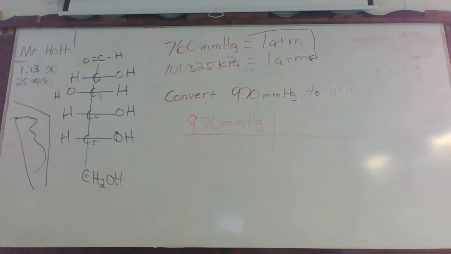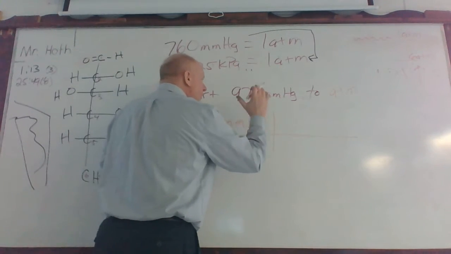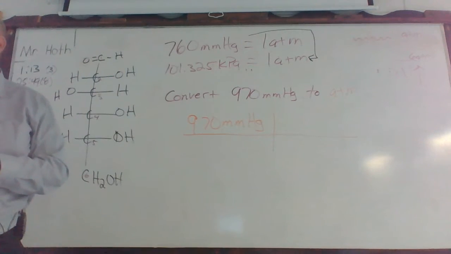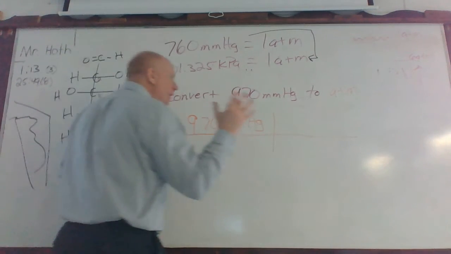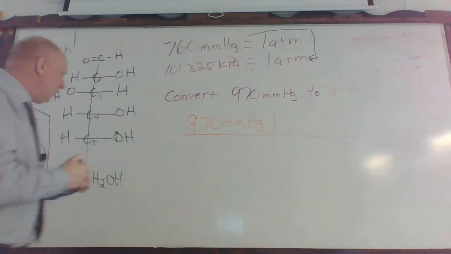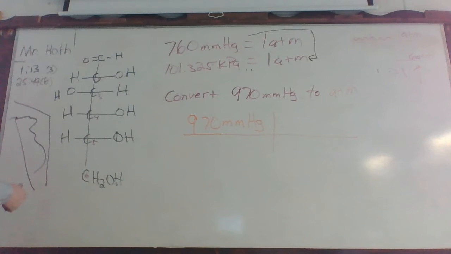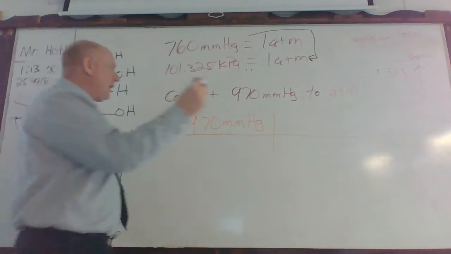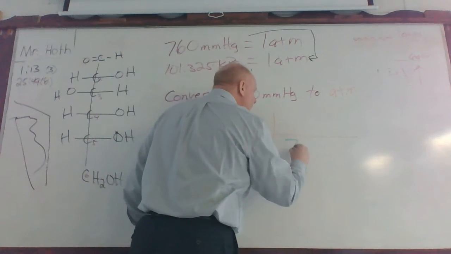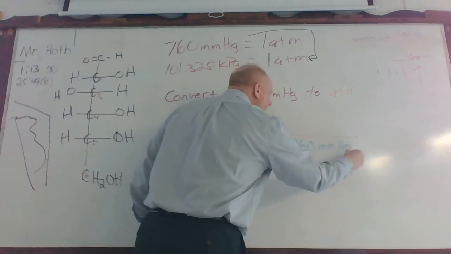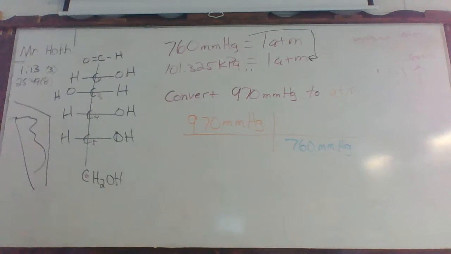Okay? So, in order to do this, how many millimeters of mercury are in an atmosphere? So, where would that number 760 go? Up top or down below? It goes on the bottom. You are right. Why are you right? We're canceling that out. We've got 760 millimeters of mercury. Okay.